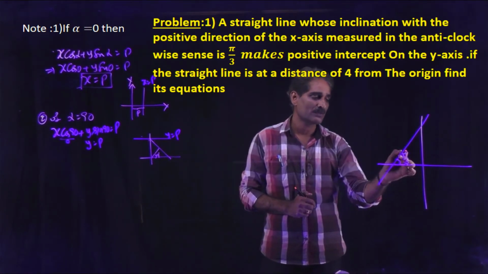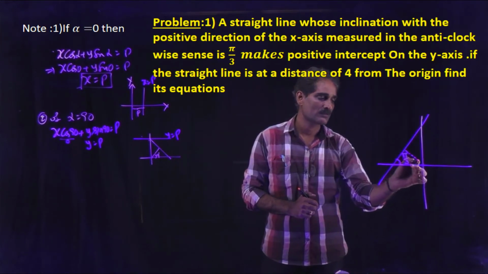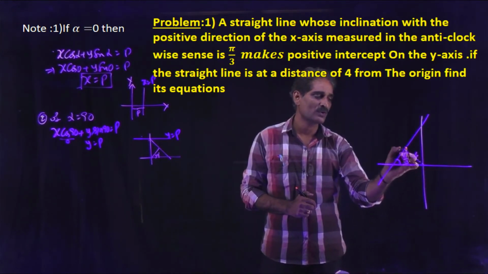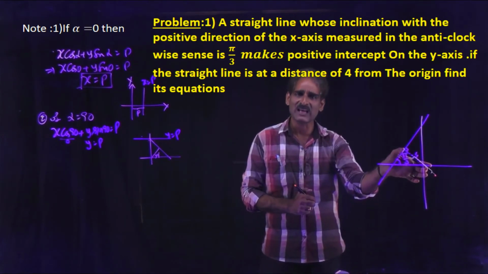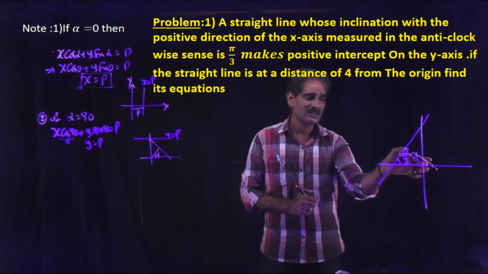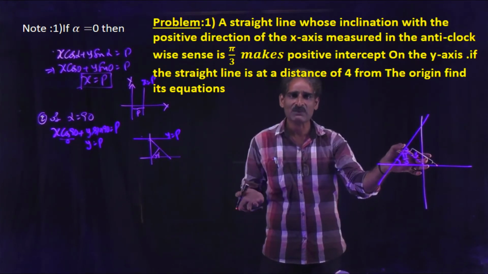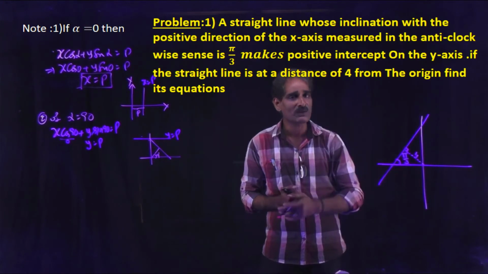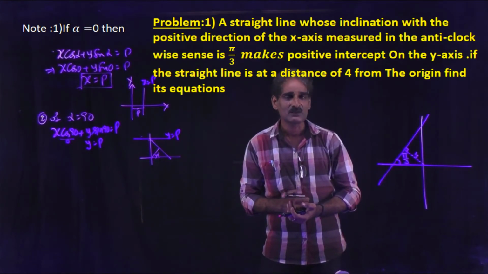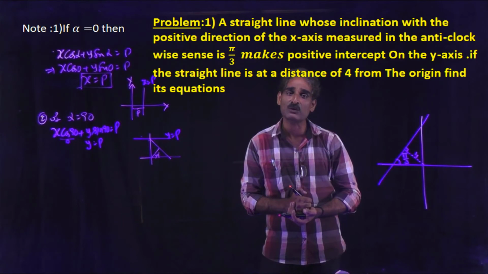So draw the perpendicular. This length is 4 units. That means this is nothing but the normal length from the origin to the line. And now in the normal form, this is nothing but p. And if we have the value for alpha, we can write x cos alpha plus y sin alpha equal to p.